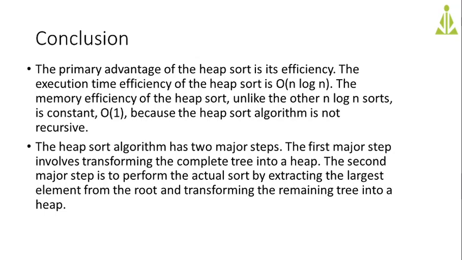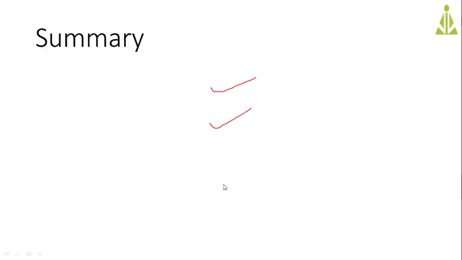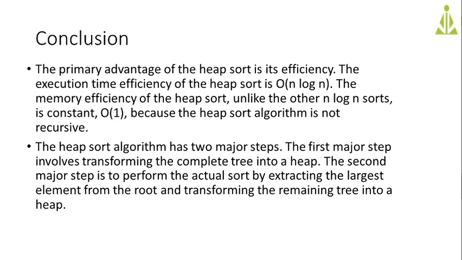Okay, so this is what we have done today. We'll see the summary of what we have done in today's lecture. We saw the elementary data structures. What are the elementary data structures?